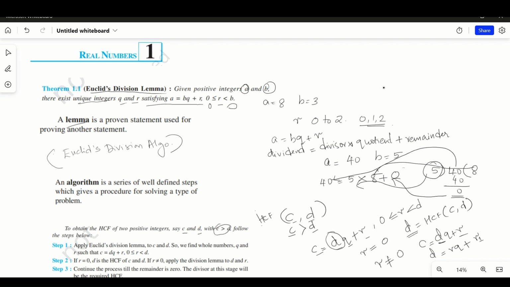Then we continue the process till our remainder becomes 0. The divisor at this stage will be the required HCF.